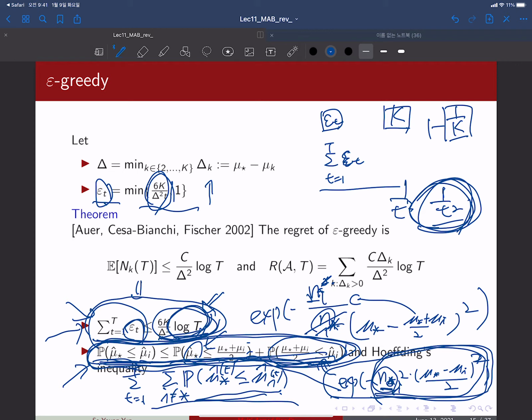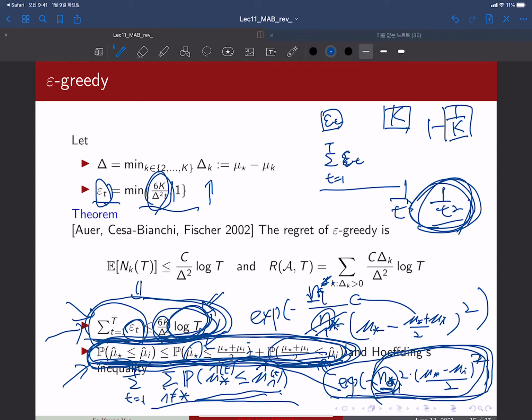Because to make constant regret from this, we cannot do better than log t times a constant for this pure exploration part, because otherwise our concentration inequality cannot have constant regret.